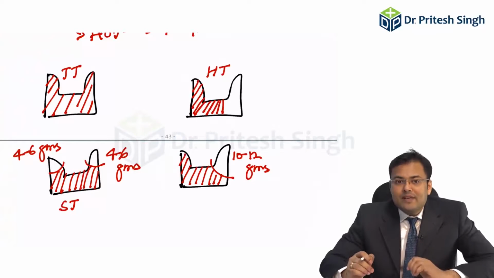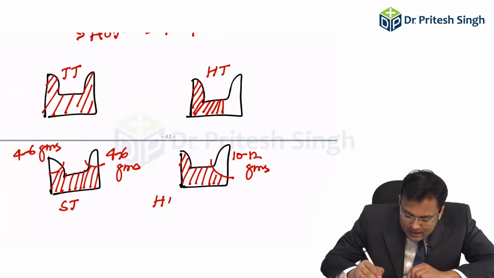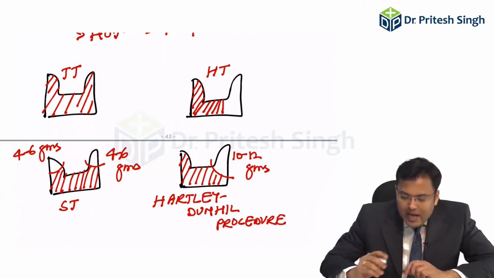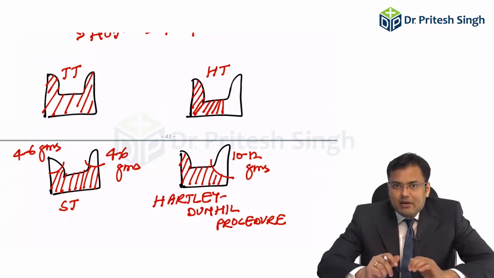This is a modification of subtotal thyroidectomy known as Hartley Dunhill procedure. I'm repeating, leaving 10 to 12 grams of thyroid in one lobe with removal of the rest of the thyroid gland is known as Hartley Dunhill procedure.